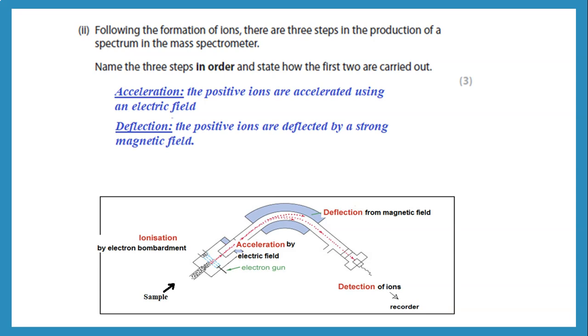So they are separated based on their masses. Then all of this goes to a detector, and we have detection and recording of the spectrum. So these are the steps that happen in the mass spectrometer.